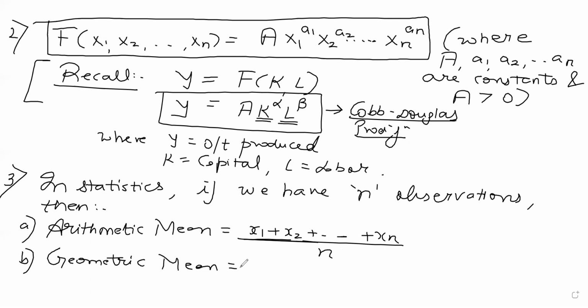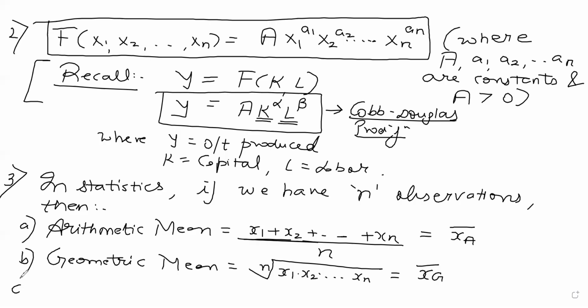So arithmetic mean, I can write x a bar, which is nothing but x1 plus x2 plus xn divided by n. Geometric mean is nothing but the nth root of the product of all these observations, which is xg bar.